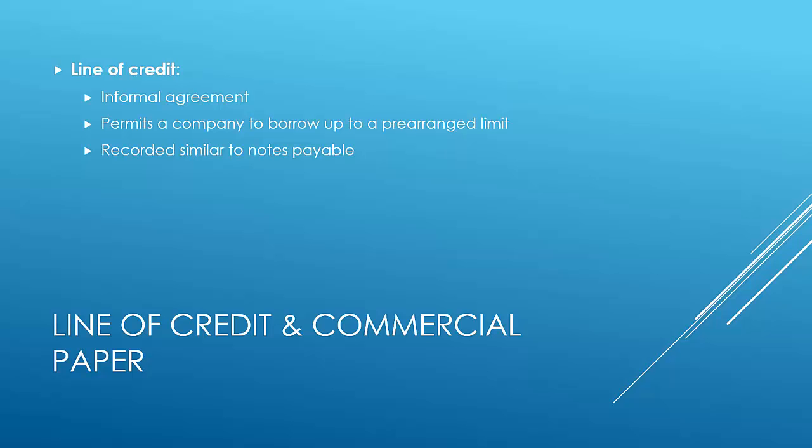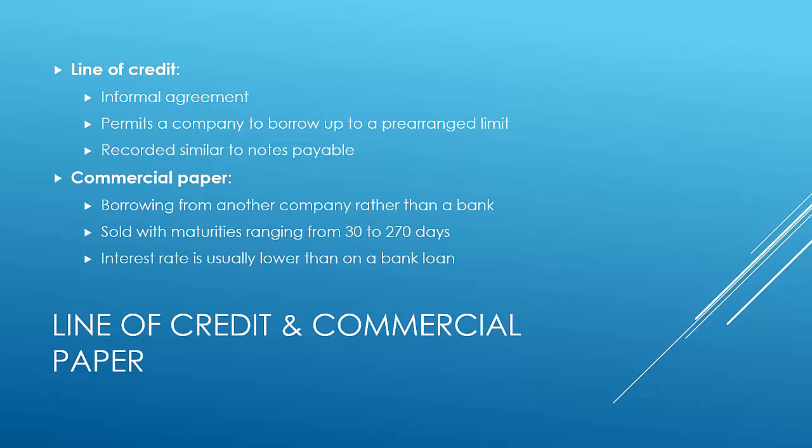So sometimes we have lines of credit for a prearranged amount, and it just is less paperwork and still allows us access to cash. And other times, if a company borrows from another company, then that's referred to as commercial paper. So it's the same as a notes payable. It's recorded the same way, only this time it's from one company to another, as opposed to the company borrowing money from the bank, and that's called commercial paper.